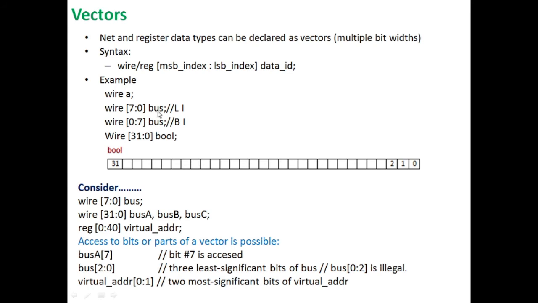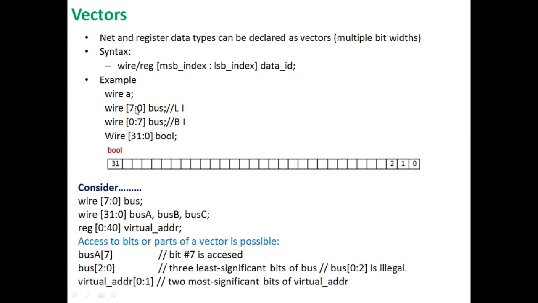This bus is a variable specified with multiple bit width. That is why I am calling this bus a vector. Then what is the difference between this bus and this bus?